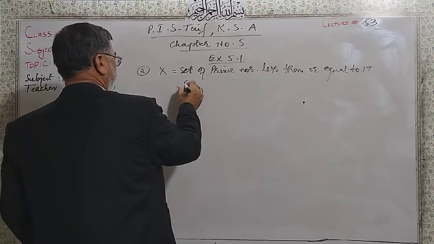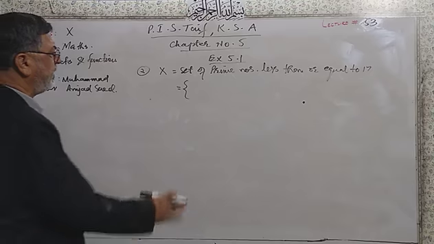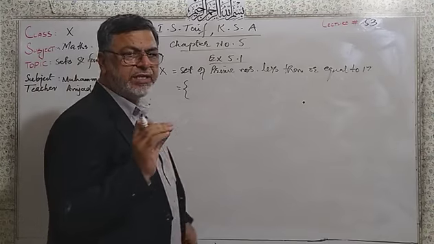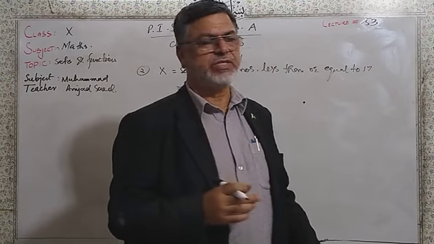Now you have to tabulate. A set of prime numbers is the set containing the numbers which are divided only by 1 or by themselves.